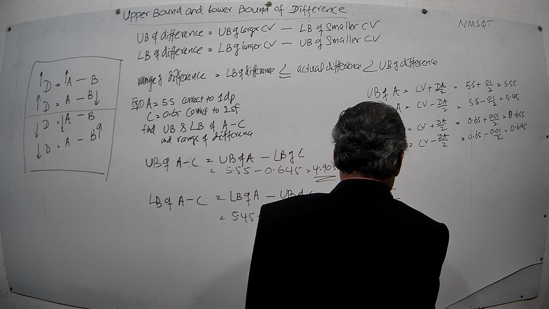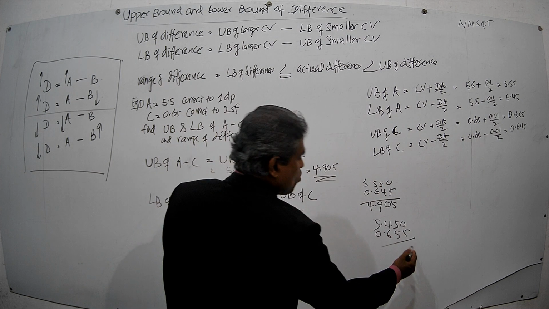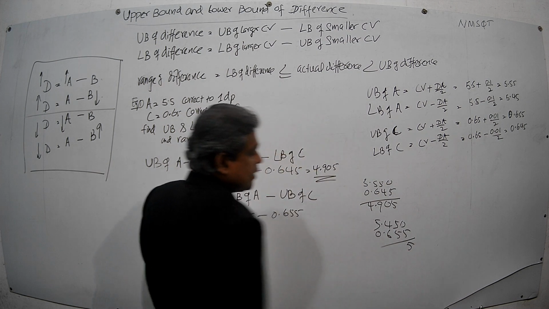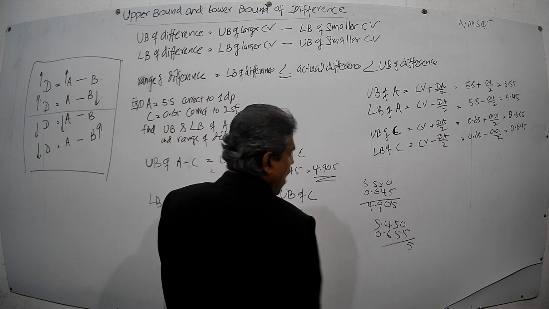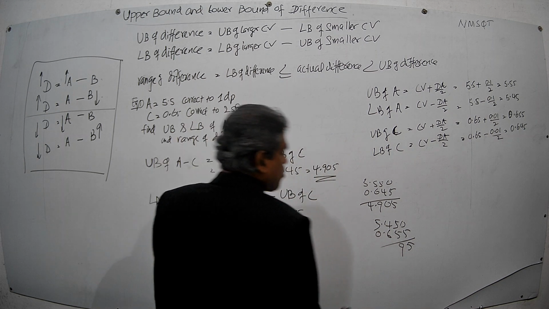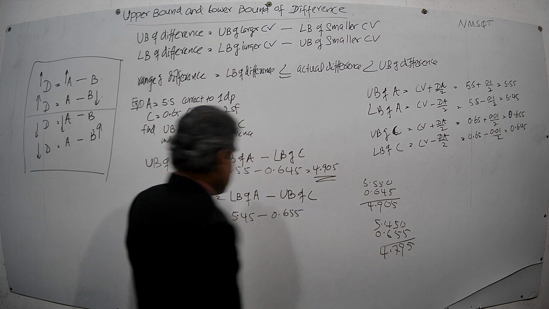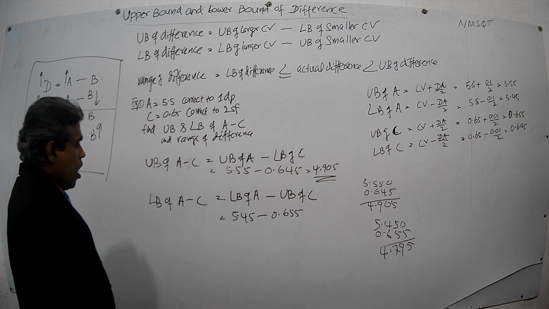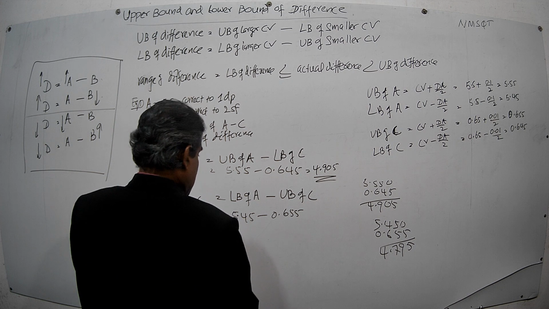Here again, 5.450 minus 0.655. Then you subtract. 5 from 10, 5. Then here you get 4. Then 5 from 14 is 9. Here 3. 6 from 13 is 7. Here you get 4. Okay. Then this is the lower bound of the difference.